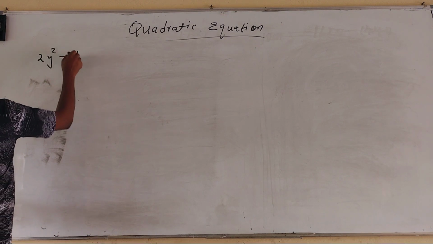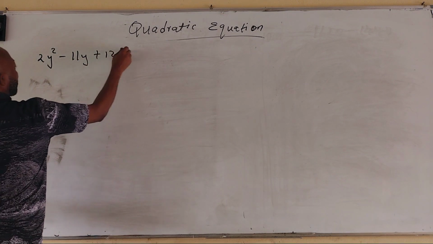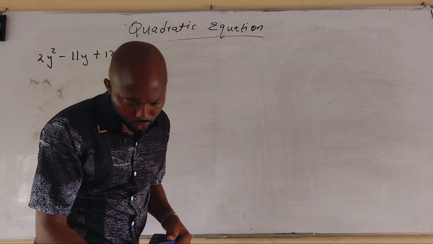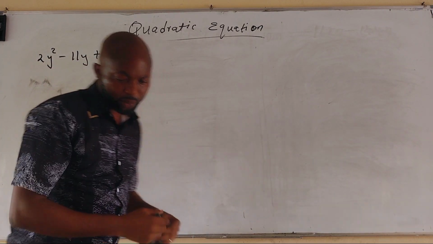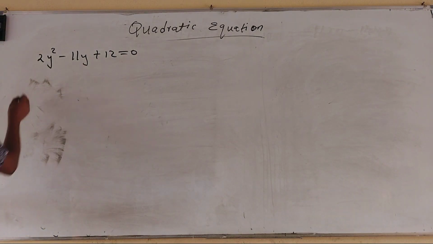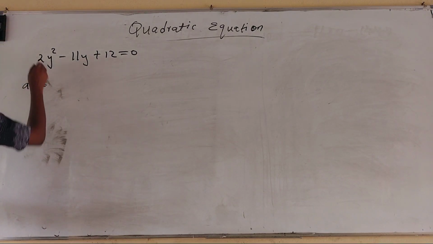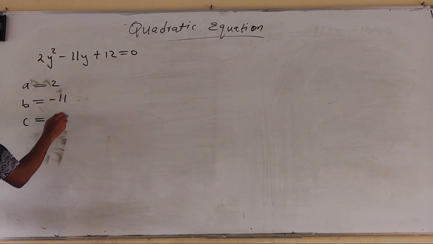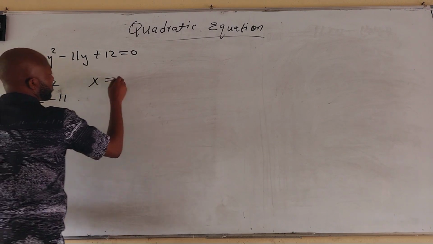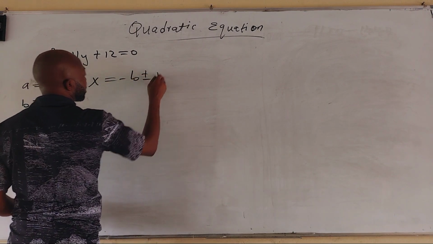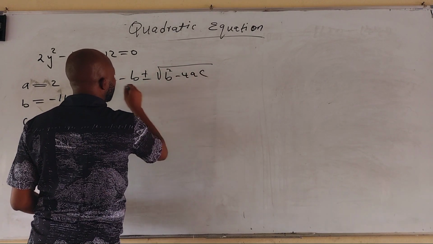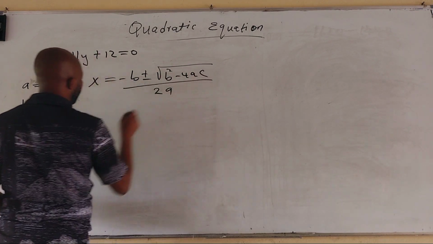2y squared minus 11y plus 12 equals 0. Let's confirm that. So our a is equal to 2, the coefficient of y squared, our b is equal to minus 11, our c is equal to 12. X is equal to minus b plus or minus the root of b squared minus 4ac over 2a.